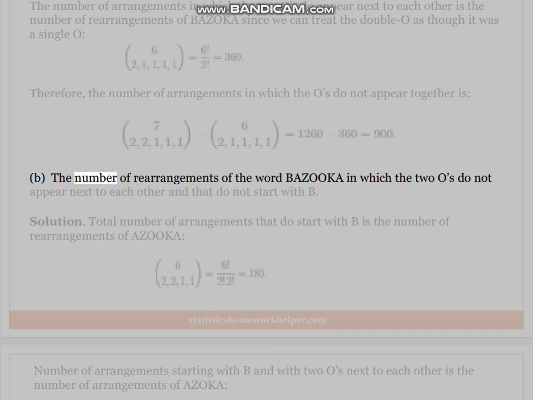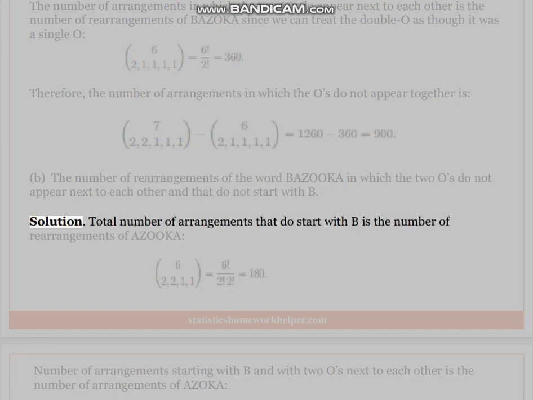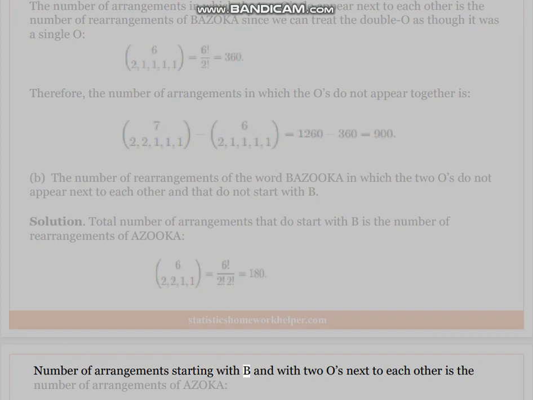B. The number of rearrangements of the word bazooka in which the 2 O's do not appear next to each other and that do not start with B. Solution: the total number of arrangements that do start with B is the number of rearrangements of the remaining letters. The number of arrangements starting with B and with 2 O's next to each other is counted similarly.